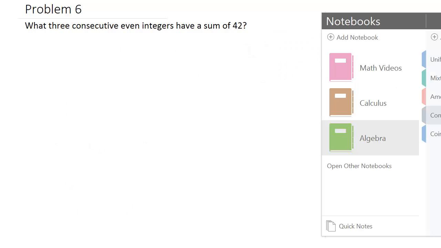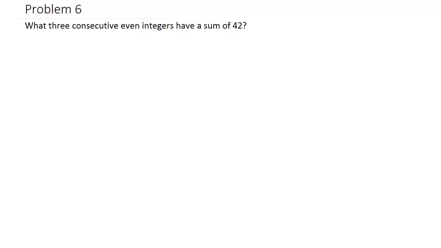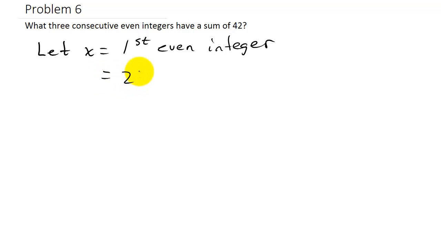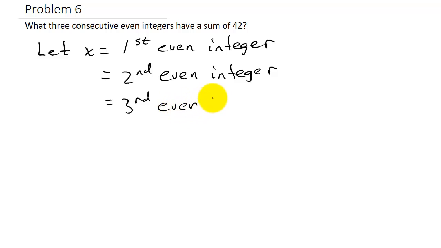Let's take a look at one more. Here we have three consecutive even integers. What three consecutive even integers have a sum of 42? I'm going to let x equal my first even integer, and then I have my second even integer, and my third even integer.